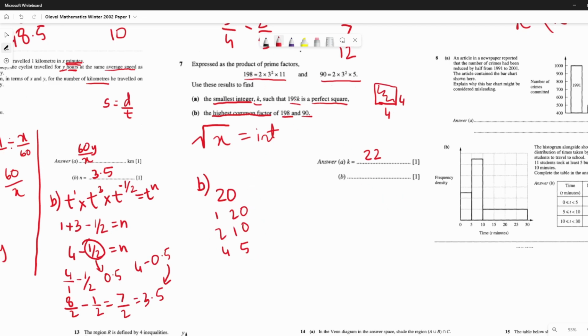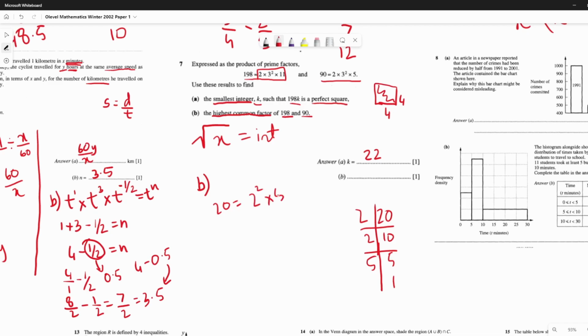Then what we do here is we divide them into their prime factors. The prime factors of 20 would be 2, another 2, and then 5. So 20 in its prime factors would be 2 squared times 5, and if you multiply these, you can get all the factors of 20 in here.